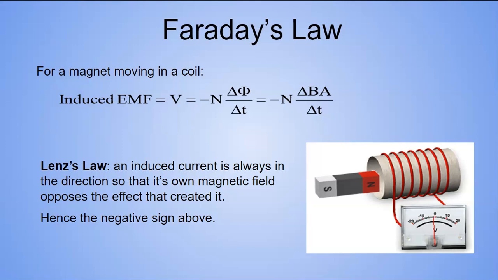All right, that's a little bit weird. But if I wanted to know the direction here, when I push the north pole of the magnet in, the current would go up over the front and back down the back. I'd have to put my fingers in the direction of that current with my thumb opposing the motion of the magnet, and that negative sign just reminds us of that. All right.